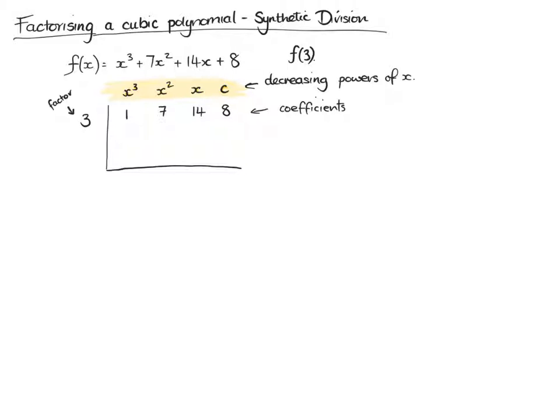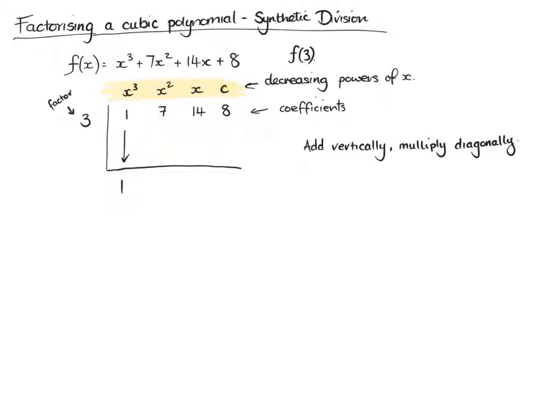Okay, and the steps we do: we move the 1 down here, and then we're going to add when we're going vertically, and multiply diagonally.